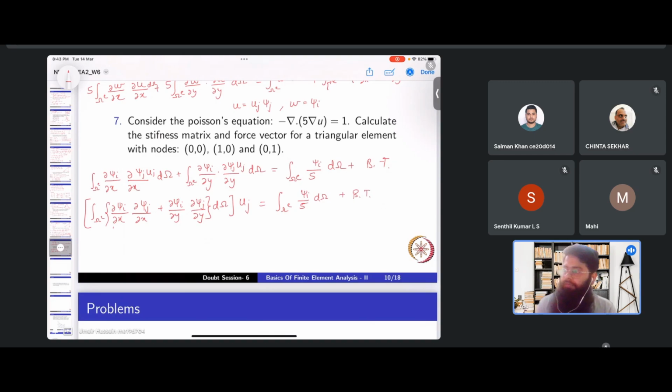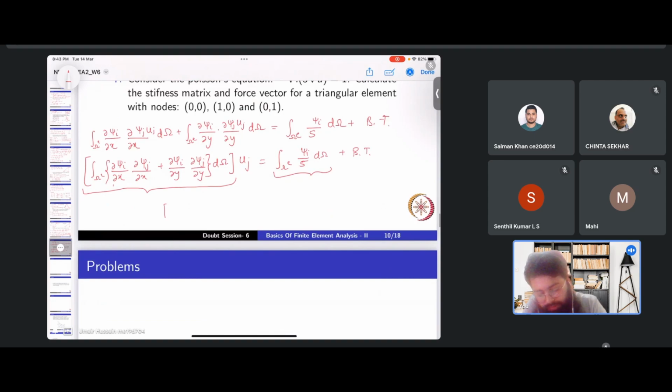So can someone tell me what term corresponds to our stiffness matrix and which term corresponds to our force vector? We can write this equation like this: K, which is a matrix, times a vector u, we get a vector f plus vector q.